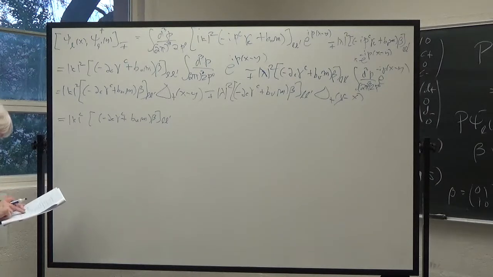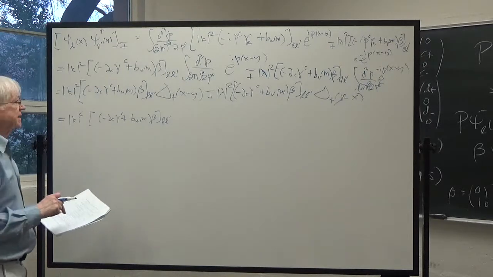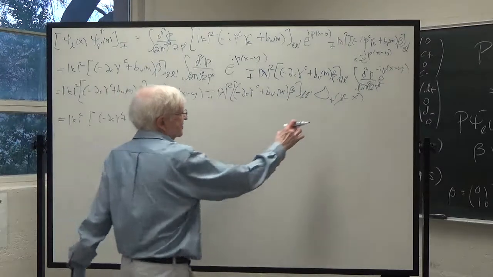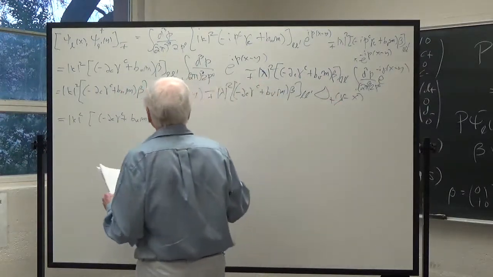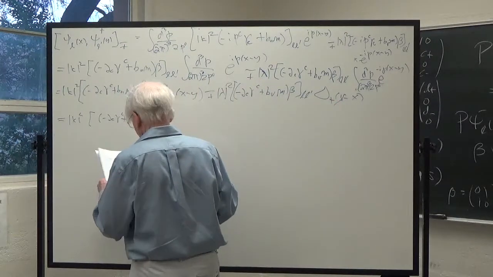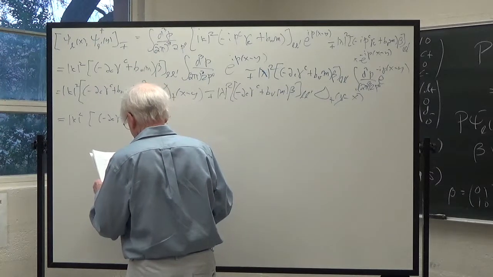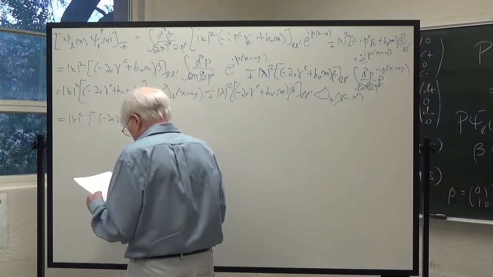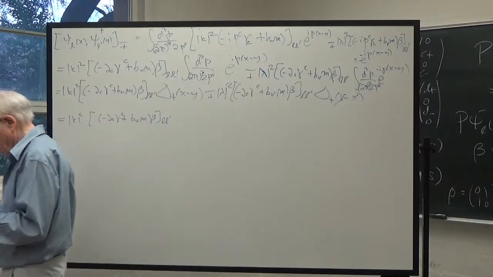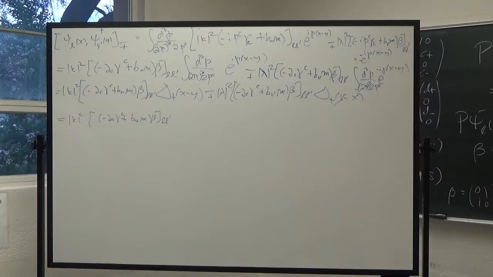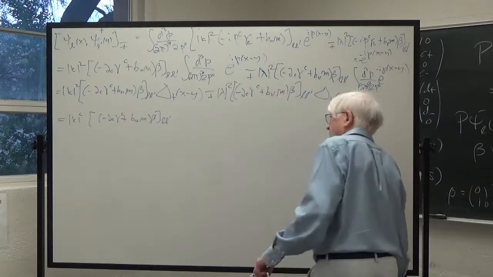Let me see, why am I writing that? Isn't that the same thing I had before? Yeah, it's an even function of its argument. And so, I think I may have screwed up just a little bit there, so we're going to have to do this by hand then.